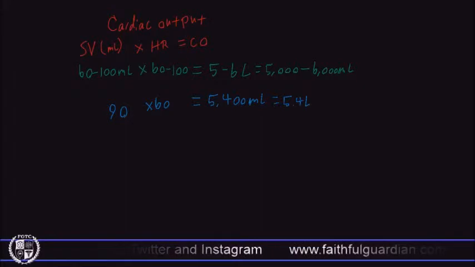Now, if you have somebody who is a little bit sicker, and they're not necessarily living the healthiest lifestyle, or maybe they're a little bit older, what you may find is that their heart rate is typically going to be a little bit higher than what you may expect. So their heart rate may be 90 most of the time, and that is okay.